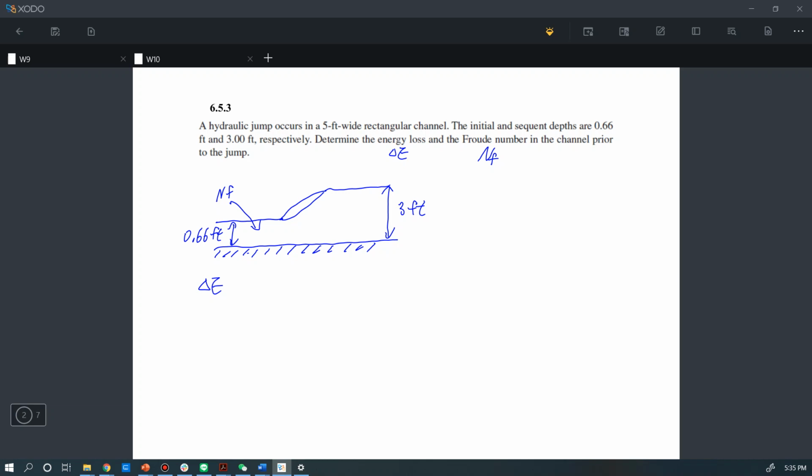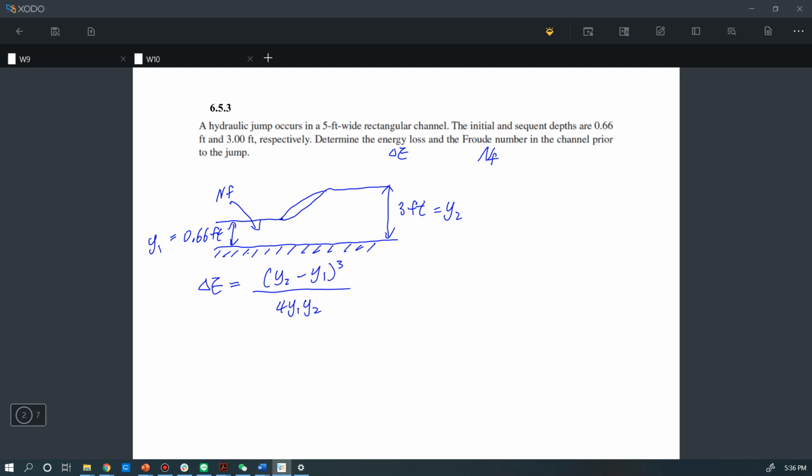Equation 6.2 shows that delta E is equal to (Y2 minus Y1) to the power of 3 divided by 4 times Y1 times Y2.